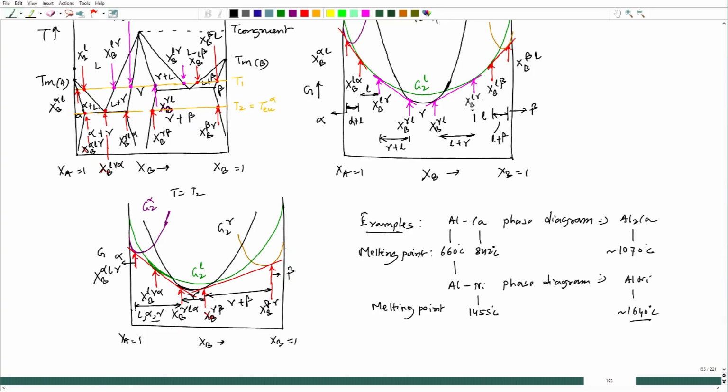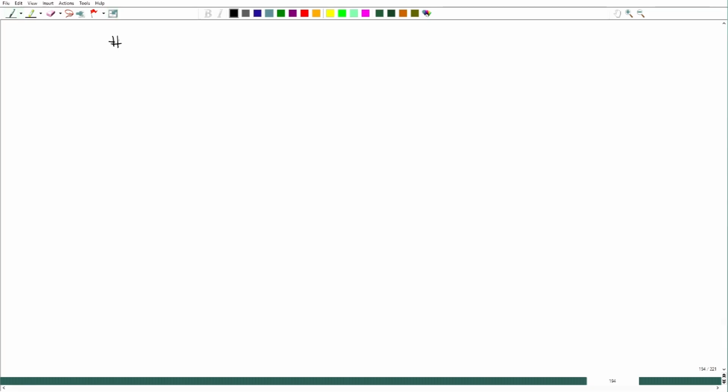It can have a very high creep resistance, which is a very important deformation mechanism in materials. So, these are some examples, but what we wanted to learn is the correspondence between the free energy composition diagram and the phase diagram. Now, one more important aspect we want to understand is diffusion phenomena.